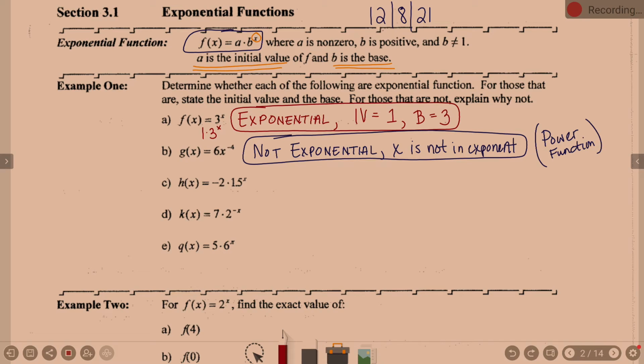Just positive. It does not have to mean whole numbers. So I think it is exponential. I can agree. There's nothing that says our base can't include a decimal, which could be expressed as a fraction. Happens to be decimal form here, but yep. So this is exponential.